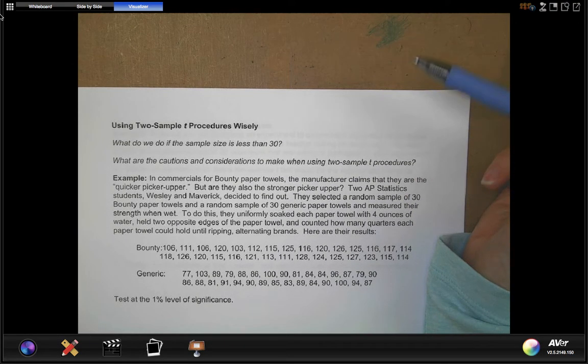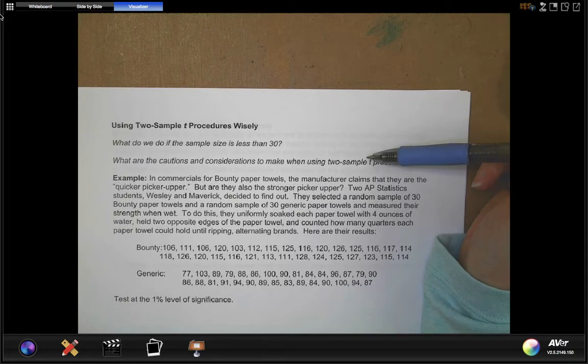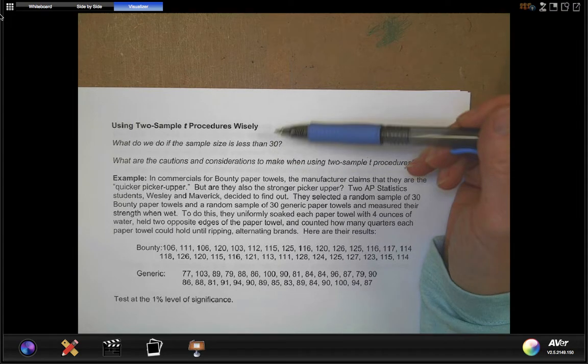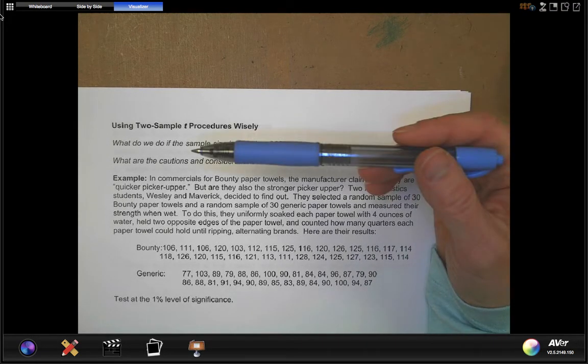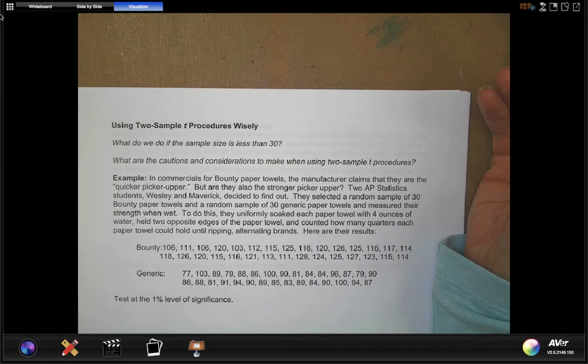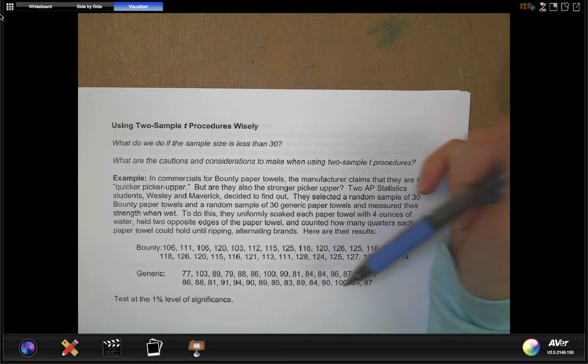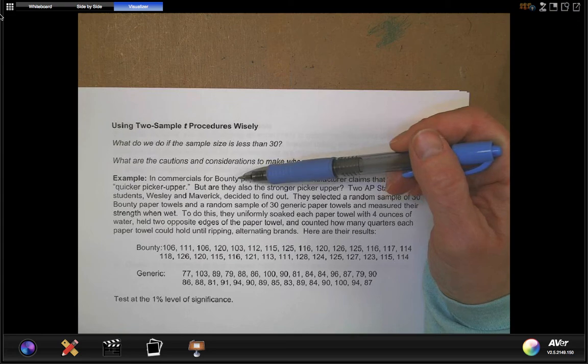If you're designing a study using the two sample t procedures, try to choose equal sample sizes. Make sure that you have either a random sample or random assignment, because if you don't have the randomness, the results are not accurate. Don't use these two sample procedures on paired data. Okay?